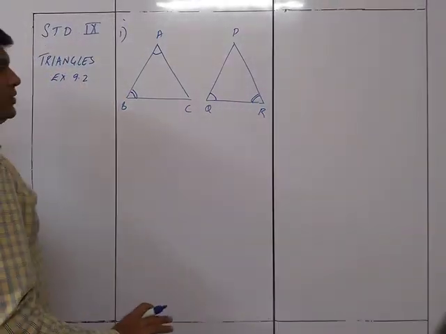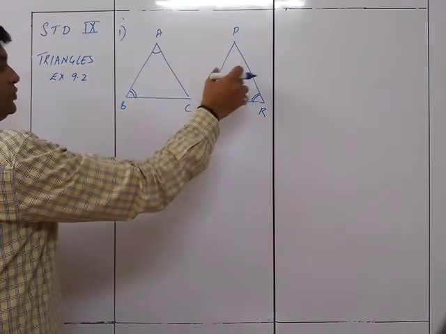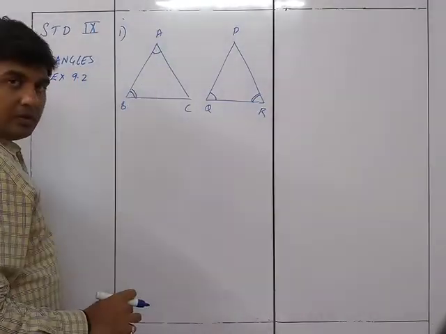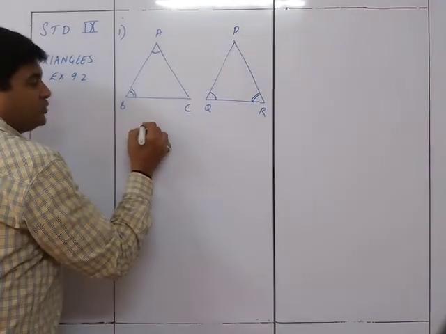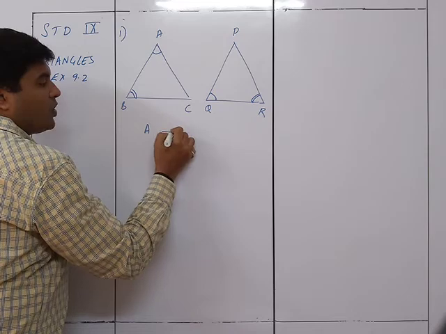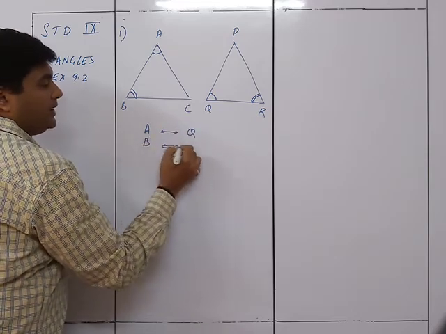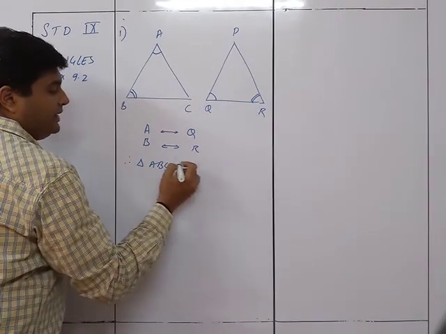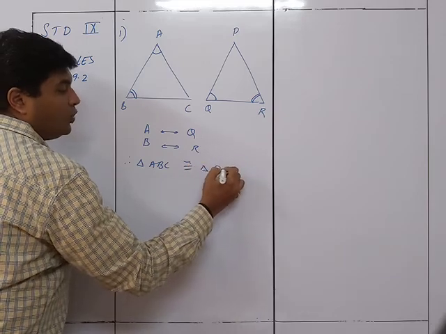So they are asking which side will be equal to AB. We know over here that the correspondence is this way: A is corresponding to Q, B is corresponding to R. Therefore, triangle ABC is congruent to triangle QRP.